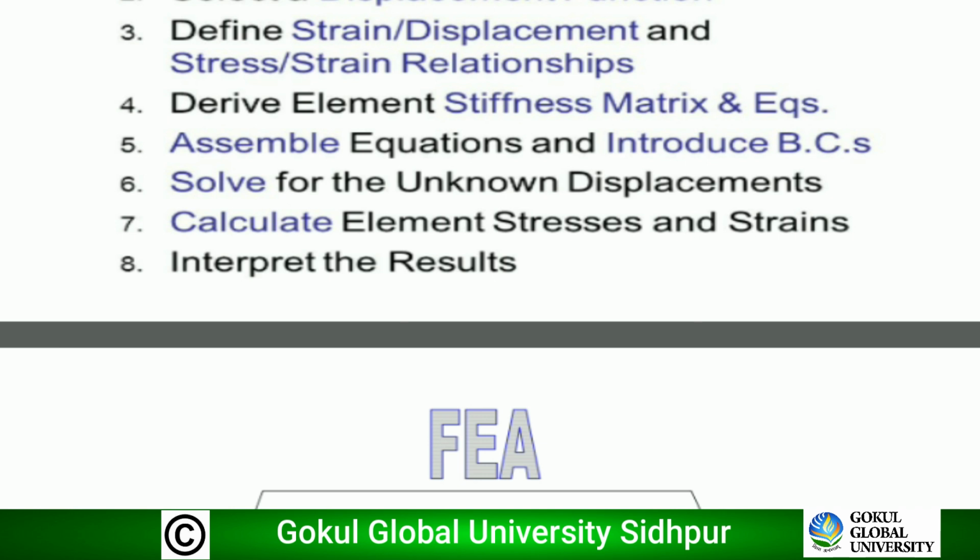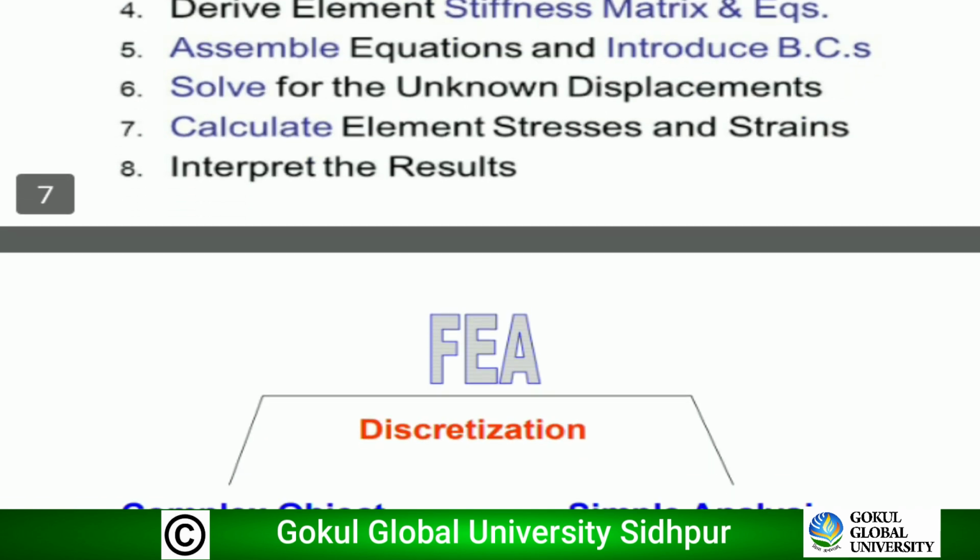FEA applications. If the analysis is simple, then FEA is not particularly needed for the application. But in complex objects, with material discontinuity, complex and arbitrary geometry shapes, these are divided into 3 or 4 number of steps.